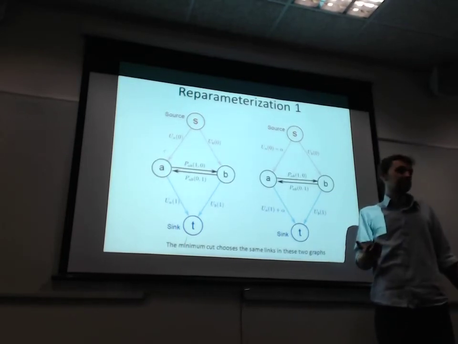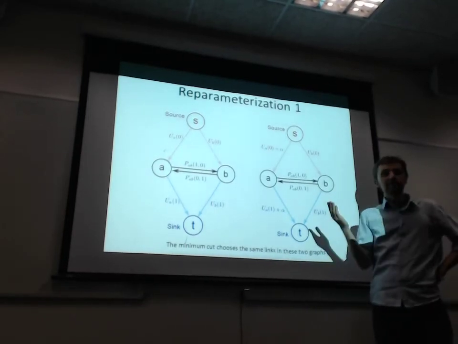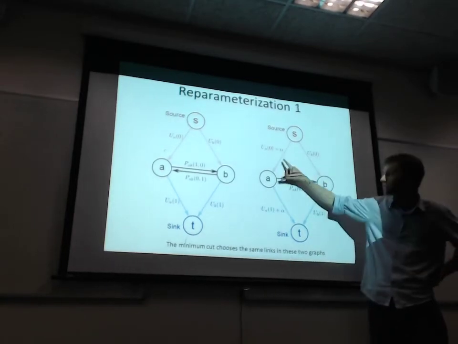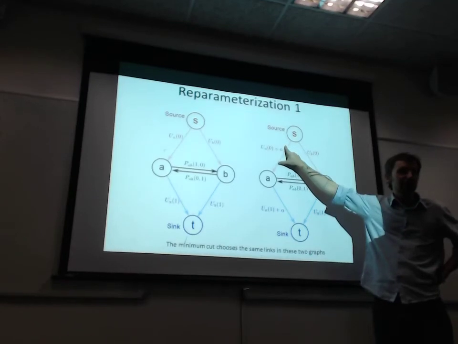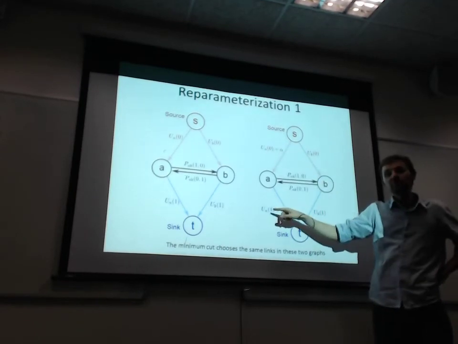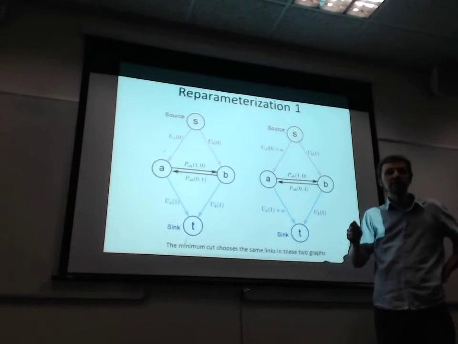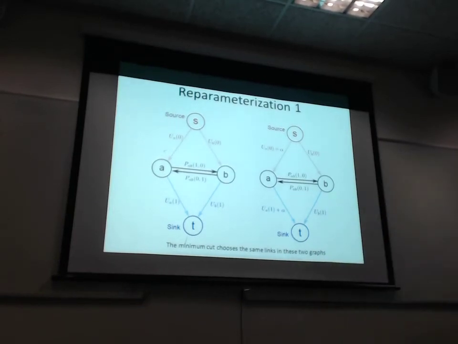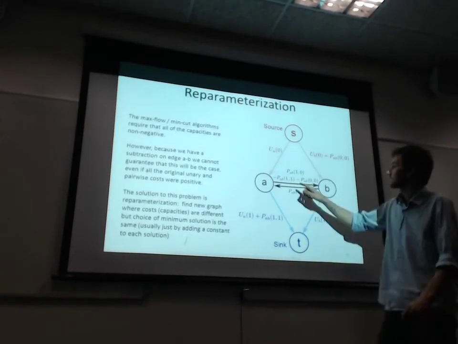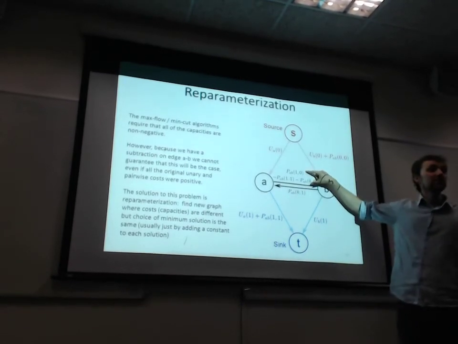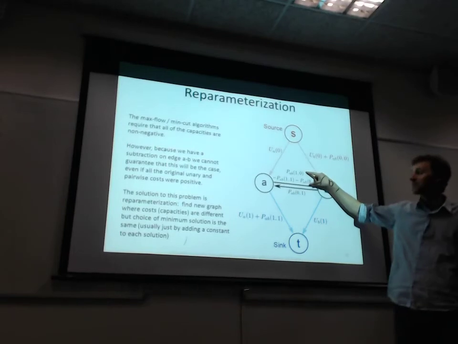Why is that? Well, you're going to have to cut one of the A edges, either this one or this one, right? You're never going to cut both. You're never going to cut 0. You're always going to cut just one of them. So if you had figured out that this is negative 7, I'm just making up crazy numbers, right?